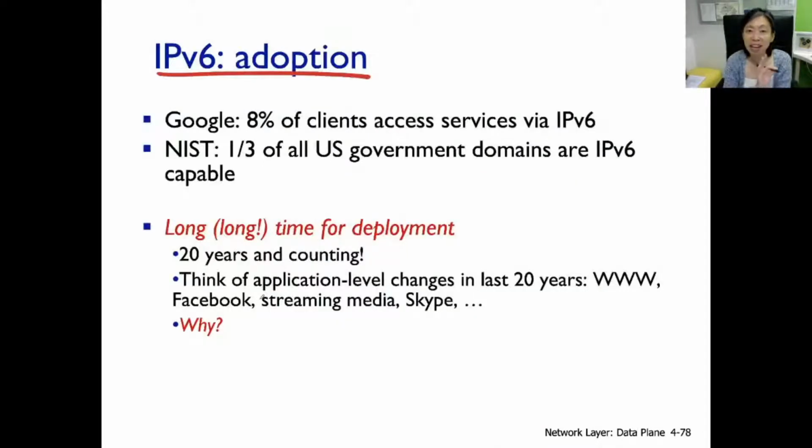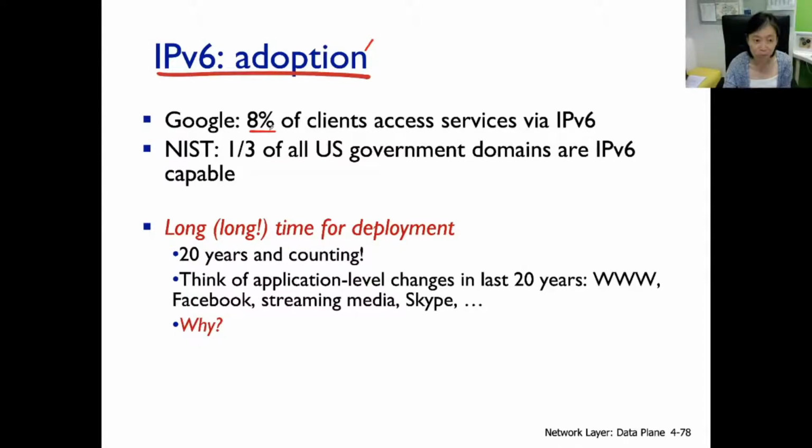The last slide here is not technical at all. It's to talk about the adoption of version 6. So Google once released this number: 8% of the clients worldwide accessing Google services are IPv6. Ouch, pretty low. NIST is a government body tracking all sorts of standards as well as maintaining some statistics.